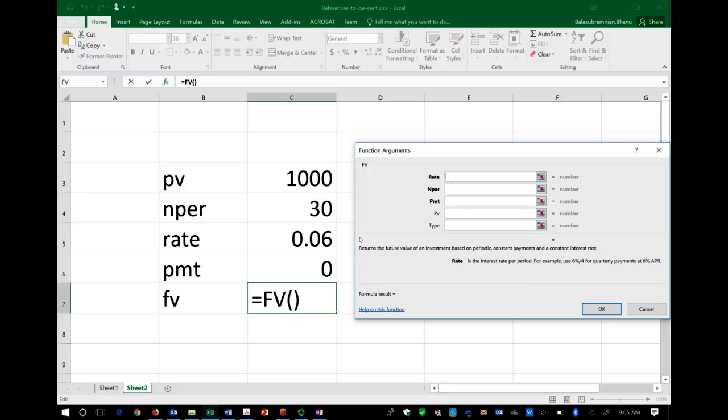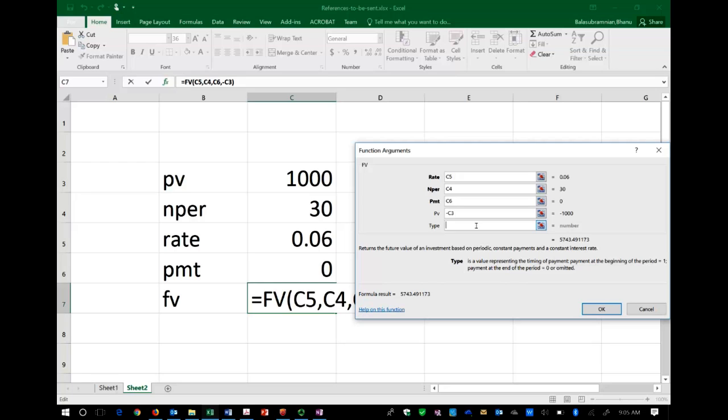So, in the case of rate, you have the rate, number of periods 30, payment is 0, present value, typically a negative number, I will just talk about that. Present value is a negative in this cell, and type is whether you receive the cash at the end of the period or at the beginning of the period.